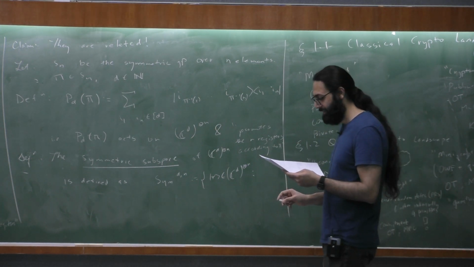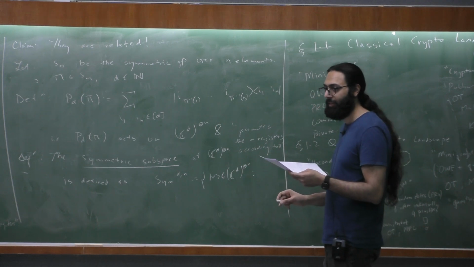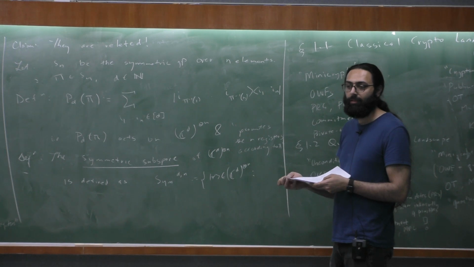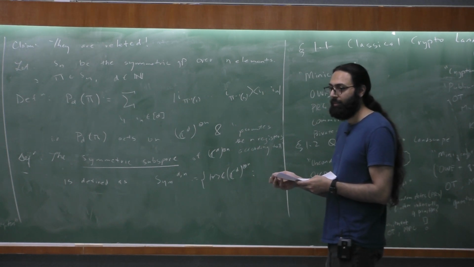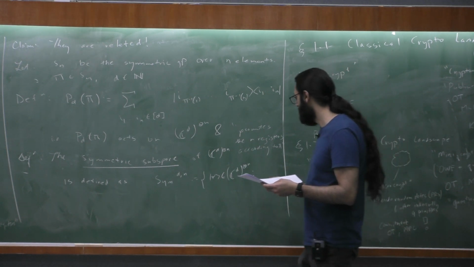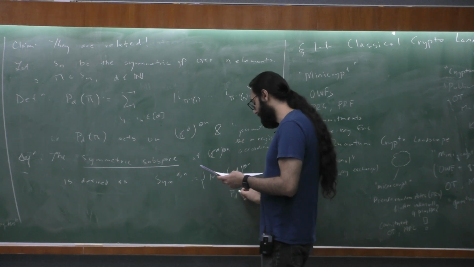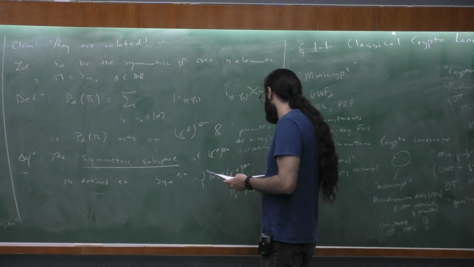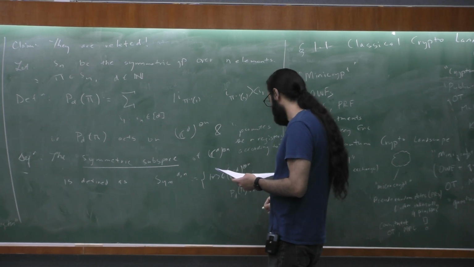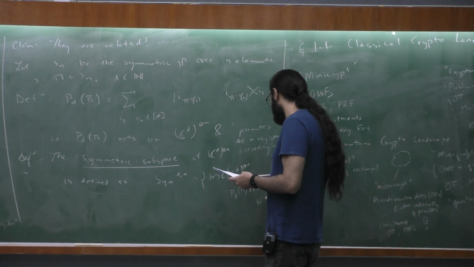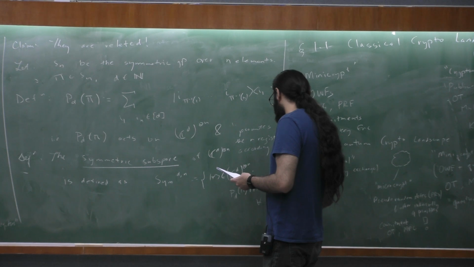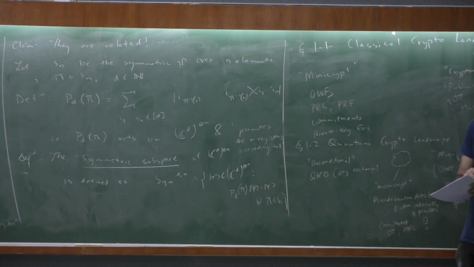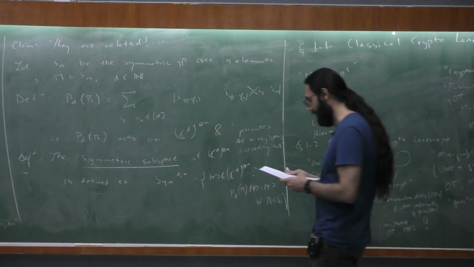Some sort of invariance under P_d(pi) for all pi. The way they're defining it is that psi is sent to itself for all pi. So regardless of how you permute the registers, the state is the same. That's the definition.